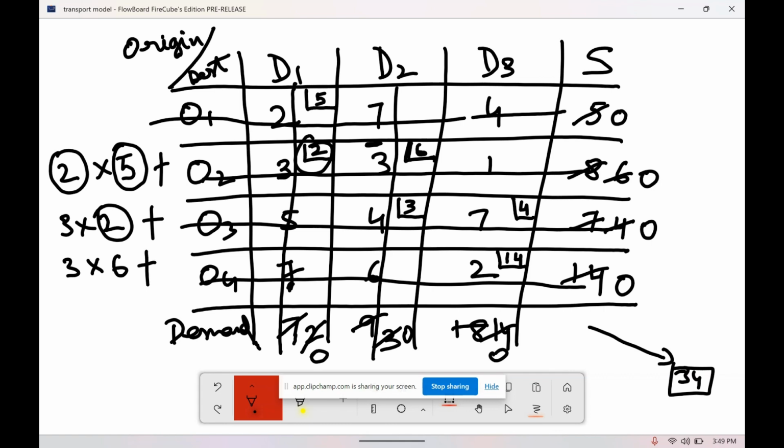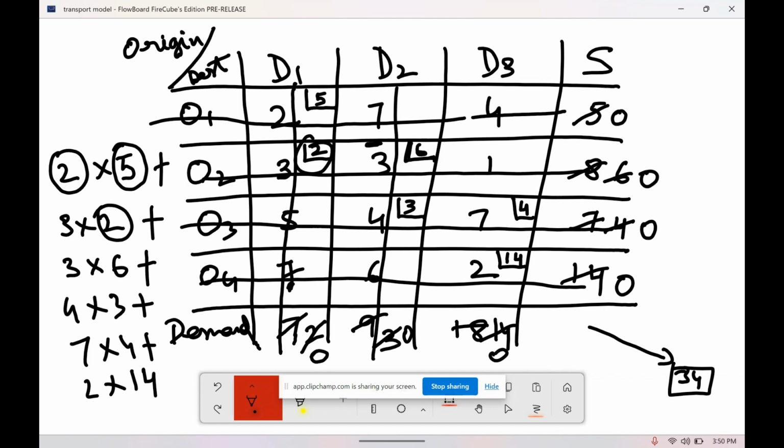Plus the remaining, 4 into 3, plus 7 into 4, plus 2 into 14. So this is the solution for this particular problem.